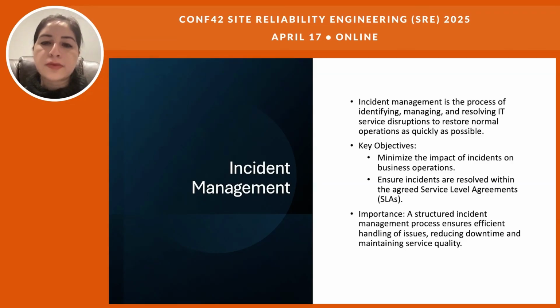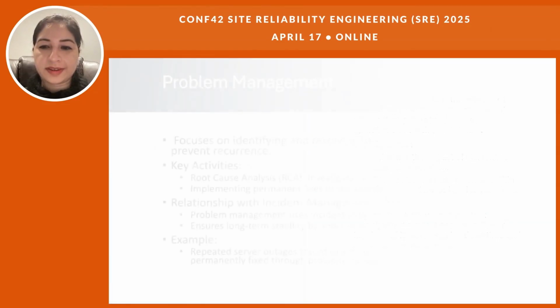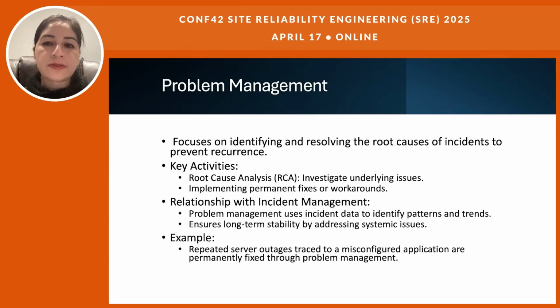With this, let's move on to another topic which is very much intertwined with incident management, which is problem management. So, while incident management focuses on immediate resolution, problem management takes a step back to address the root causes of these incidents. Its goal is to prevent recurring issues by identifying and resolving systemic problems.